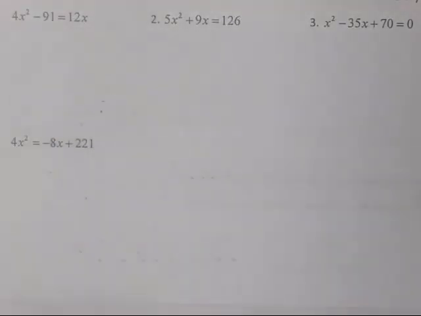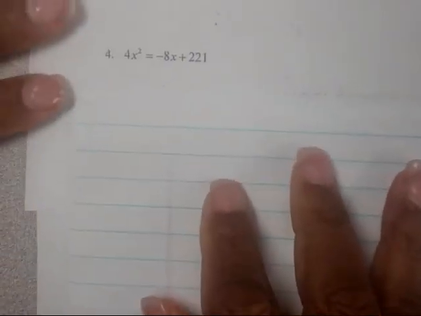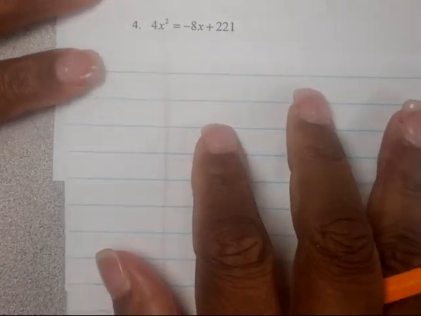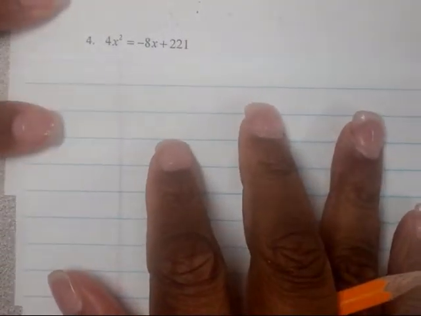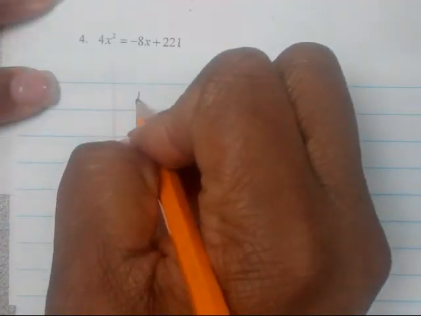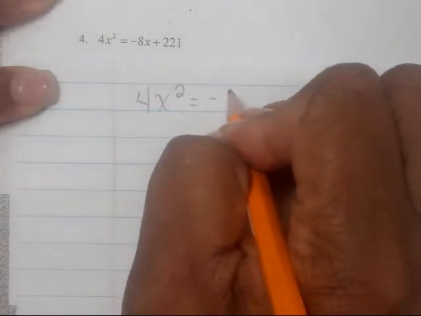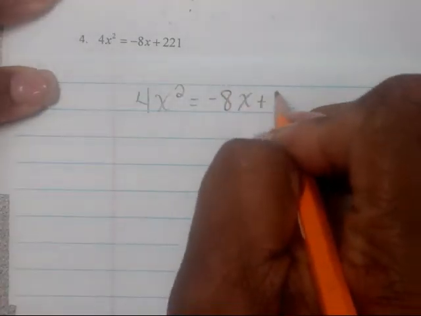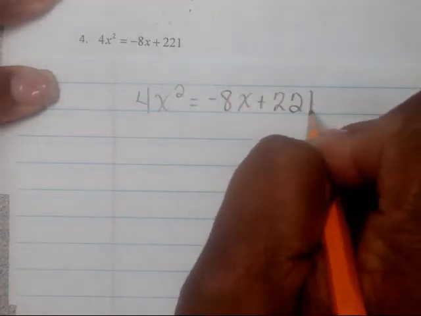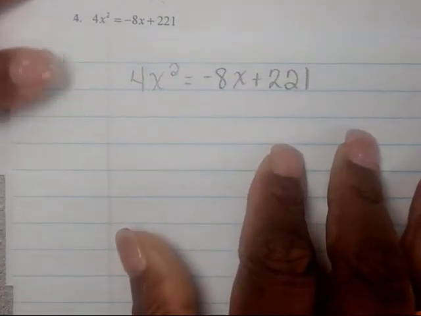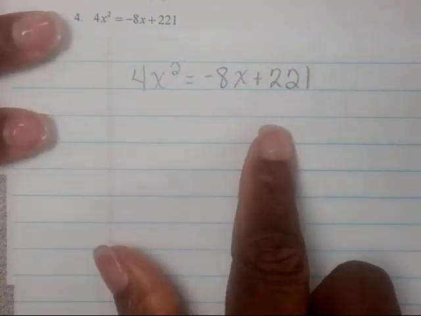And last but not least, number 4. Let's get it situated. All right, so we have 4x squared equals negative 8x plus 221. I again need to set my equation equal to 0.